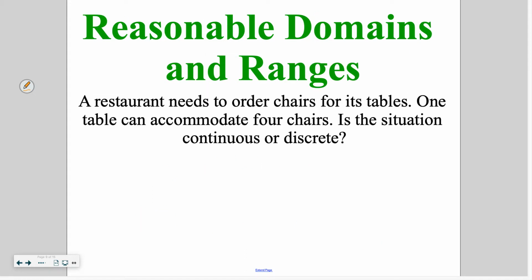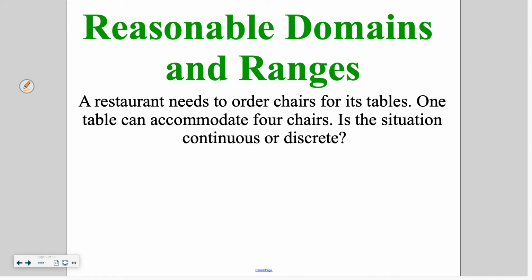Another thing we can do with domain and range is talk about reasonable ideas for the domain and the range. So for example here, a restaurant needs to order chairs for its tables. One table can accommodate 4 chairs, and then we want to know if this situation is continuous or discrete. So our first job is going to be to decide what's the domain and what's the range. What are we inputting and what are we getting out?